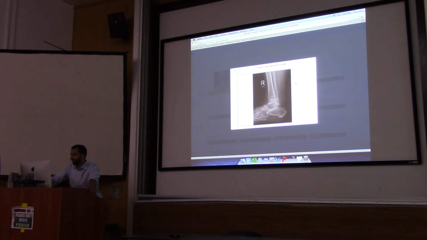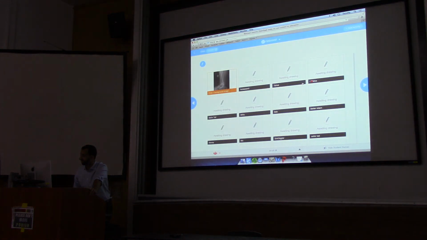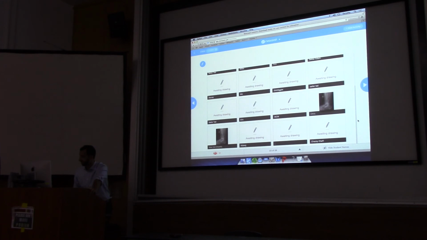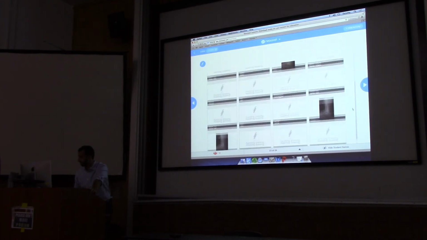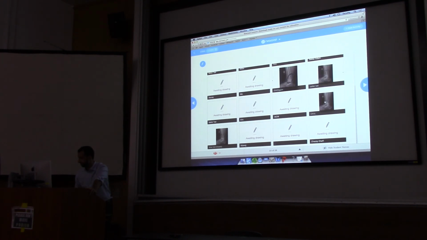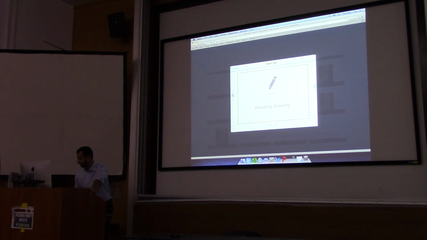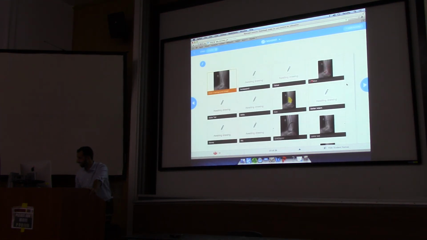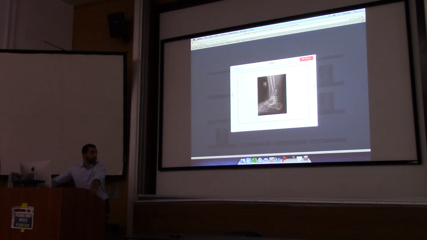This is an adult. Yep, so Chris points to our fractures.